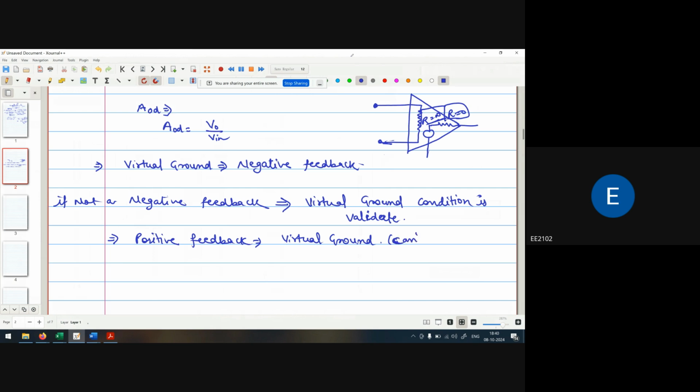In any case, if feedback is not there, we can't say the virtual ground concept will be effective. Only the case considered is that input impedance is infinite and output impedance is zero. This is the meaning of ideal operational amplifier.